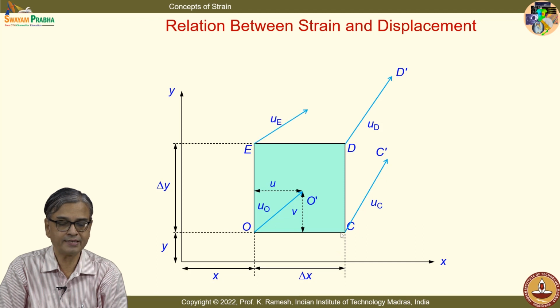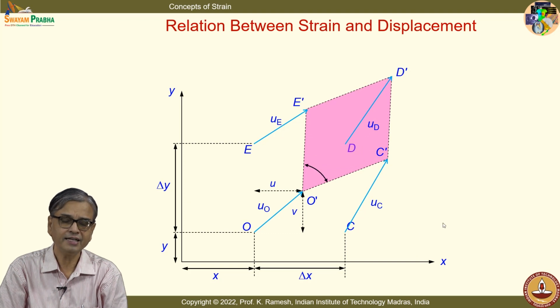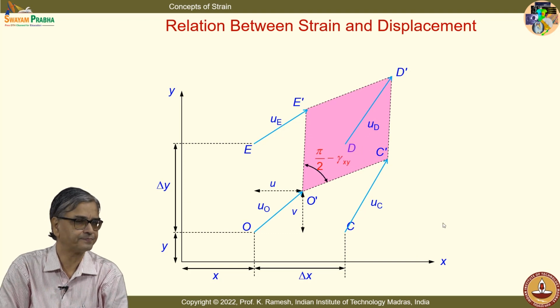Similarly, point C has moved to C prime, point D has moved to D prime, and point E has moved to E prime, and I can have individual displacement vectors UO, UC, UD, UE, and so on.